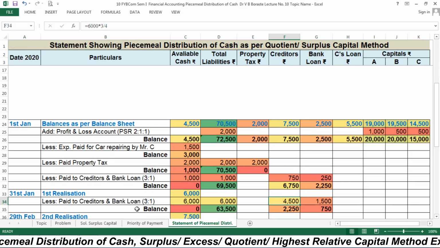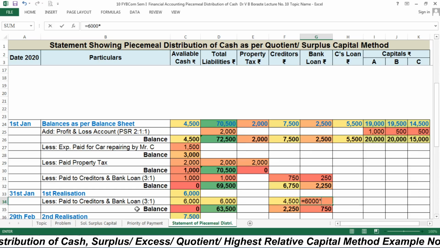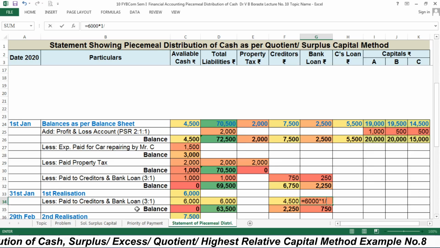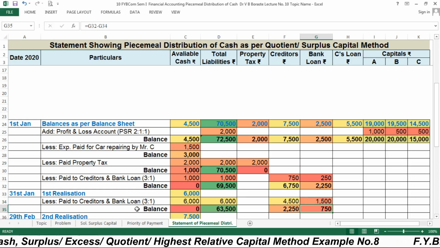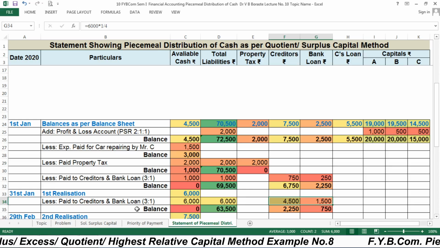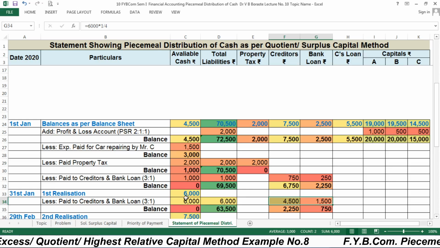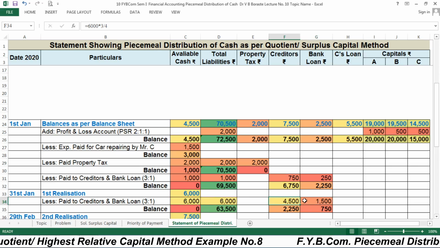Out of 6,000, bank loan will receive only one share, that is multiplied by 1 divided by 4, that is 1,500. So the total is 4,500 plus 1,500 equal to 6,000. That means we are on the right path: 6,000 is distributed to creditors and bank loan.